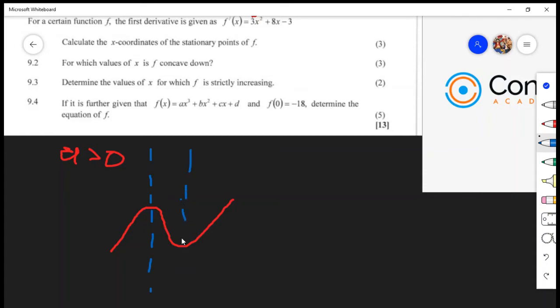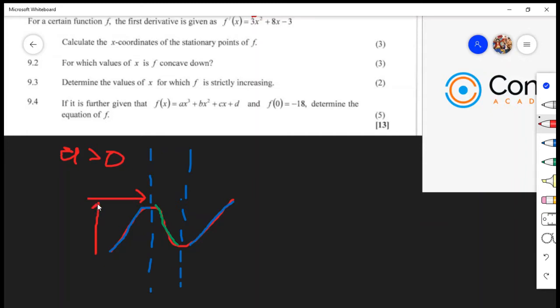Do you see from here to here the graph is increasing, and then the graph is decreasing from here to here, and then it's increasing again, because for this part here, as the x values are increasing, the y values are also increasing. So you know it's an increasing function.